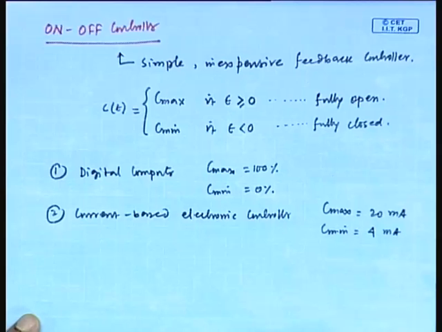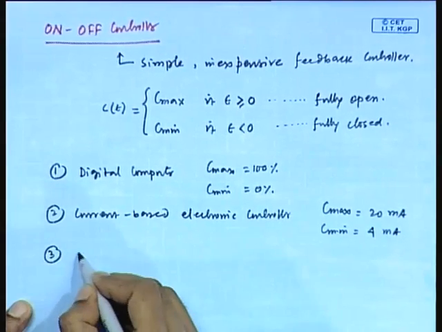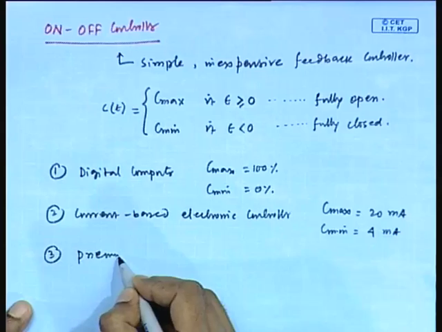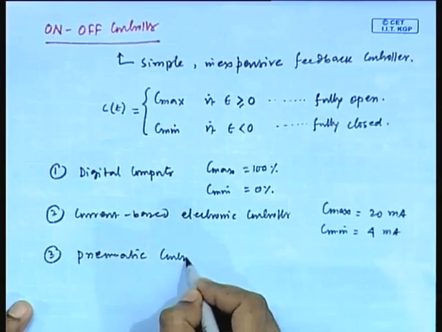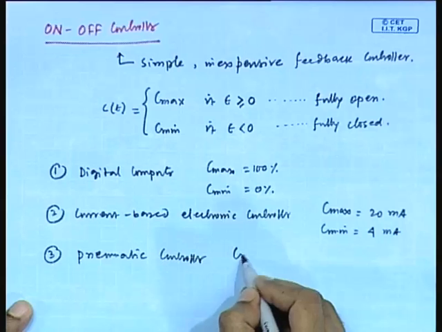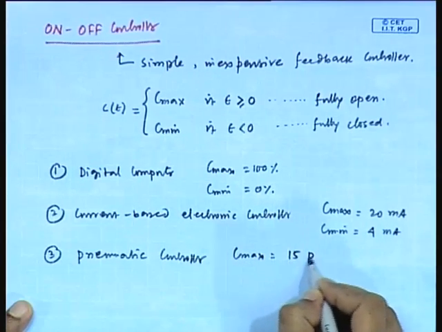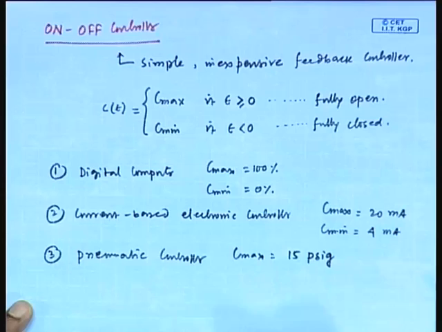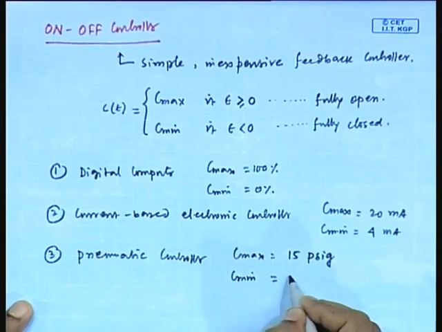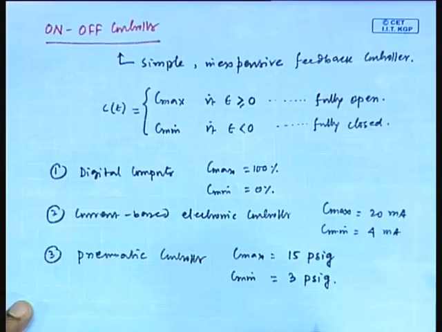For a current based electronic controller, the maximum value is 20 milliampere and the minimum value is 4 milliampere. Similarly, if we consider a pneumatic controller, the maximum value is 15 psig and the minimum value is 3 psig gauge pressure.